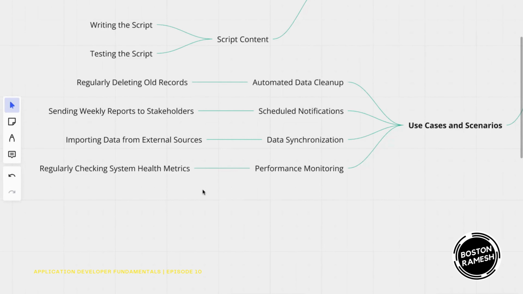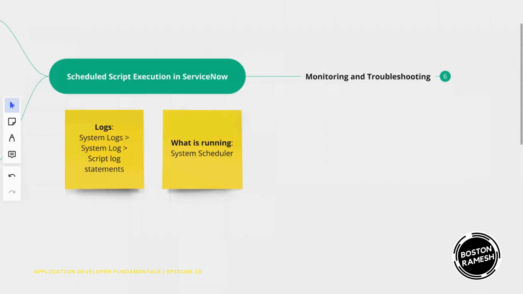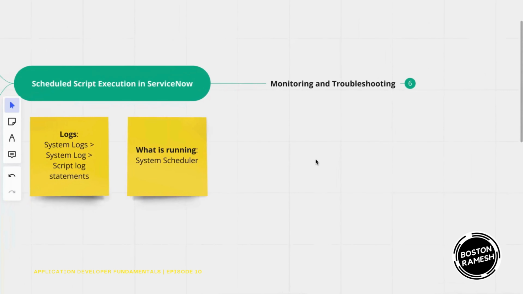We can also send notifications on a schedule, such as weekly reports to stakeholders. Then data synchronization to import data from external sources, and performance monitoring to regularly check system health metrics. Those are very good examples, but there are many other ways to use scheduled script execution.